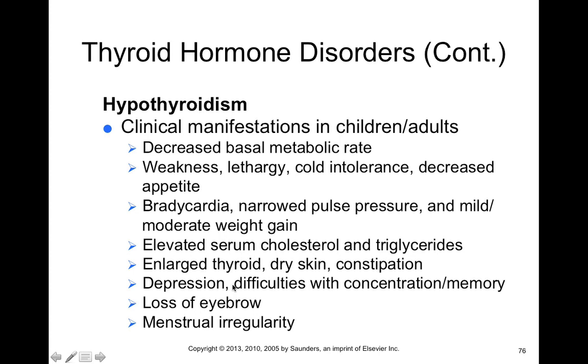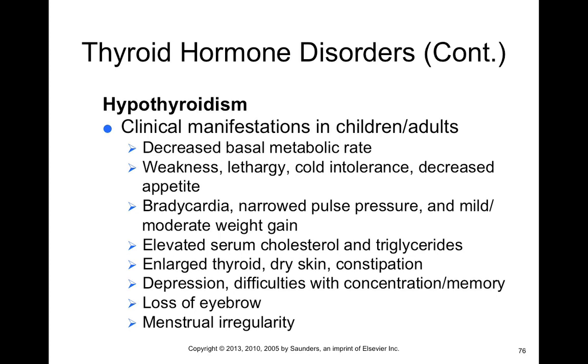It can also lead to depression and difficulties with concentration and memory. And this is due to deficits of neurological function. Loss of eyebrow. You might wonder, why is that? Well, it leads to decreased hair growth all over. But it's especially prominent on the eyebrow because eyebrow hair is already pretty thin, right? And it's also fairly short hairs. So you'll see a loss of eyebrow hair, and it's prominent because it's easy to see.